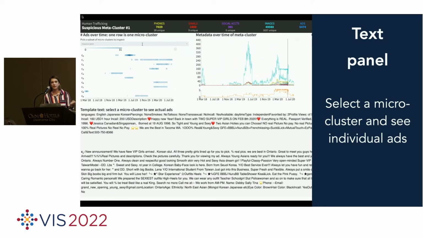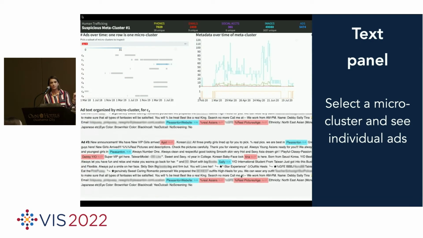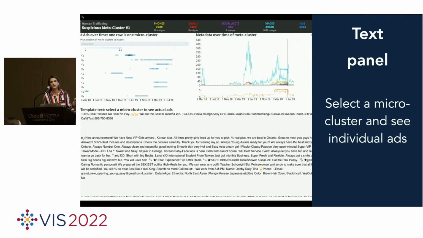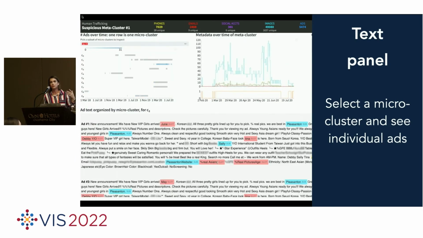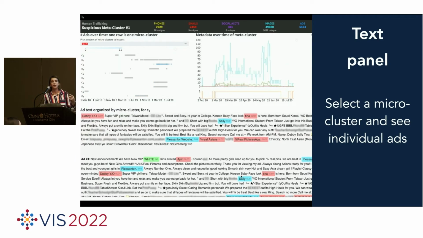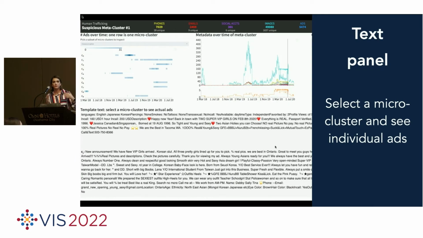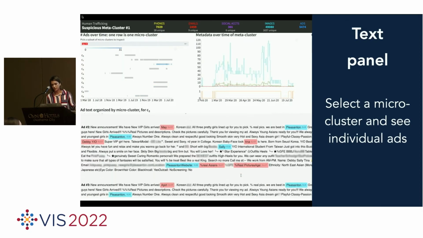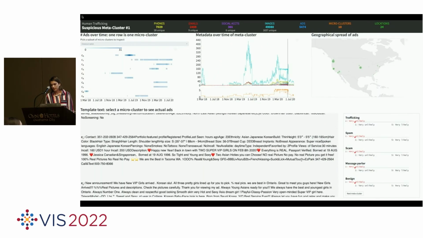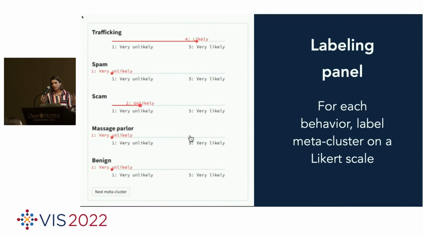Once you select a microcluster, you can look at the individual ads within it, and the highlights represent places where there are insertions, substitutions, deletions, etc., where the individual ad differs from the template you saw before selecting. Finally, with all of this information, an expert can label each behavior for a metacluster on a 5-point Likert scale, where 1 means it was very unlikely they exhibit that particular behavior, and 5 means the metacluster is very likely. And then they move on to the next metacluster.